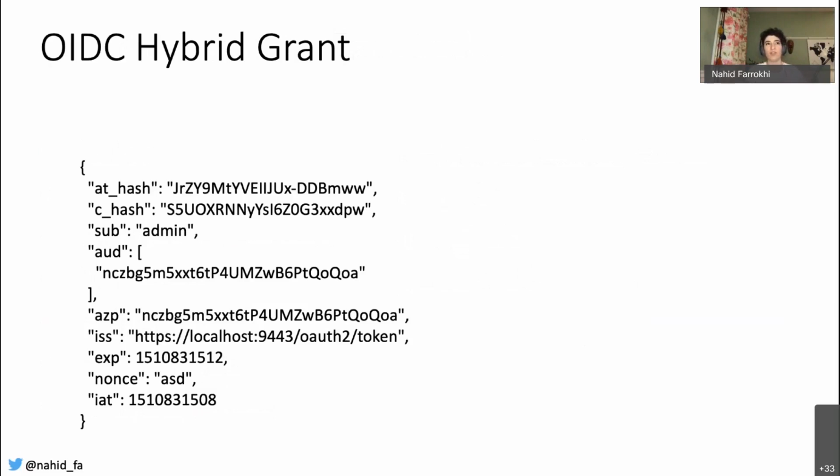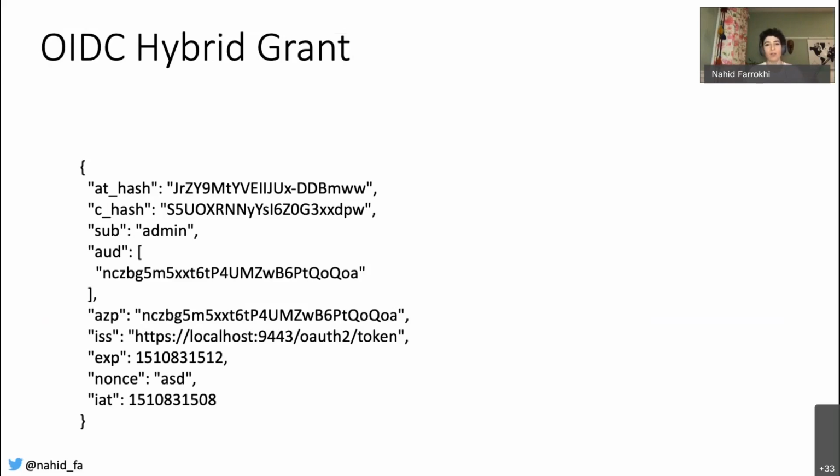It's actually the hashed version of the code. So when the client receives that, it's going to compare this hashed version with the code it received to make sure that it is the same, just to make it secure, right?